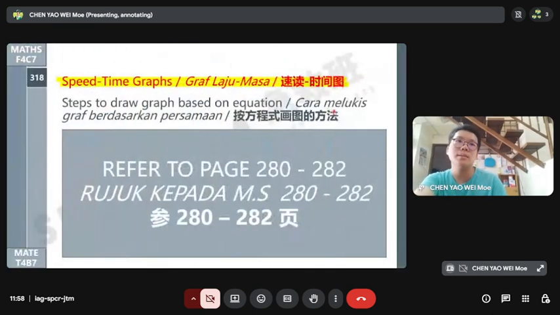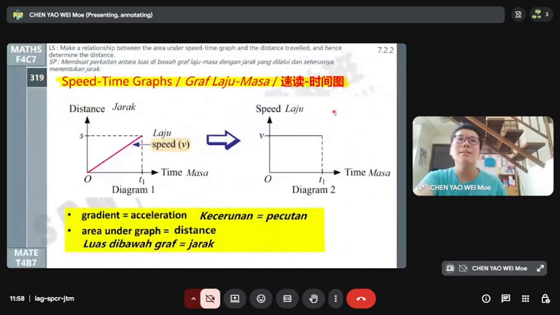Same job. Okay, the same thing. And always remember, before this, we learned about distance time graph, it is called uniform speed. So when we change to speed time graph, our graph will become zero gradient. This is called uniform speed.